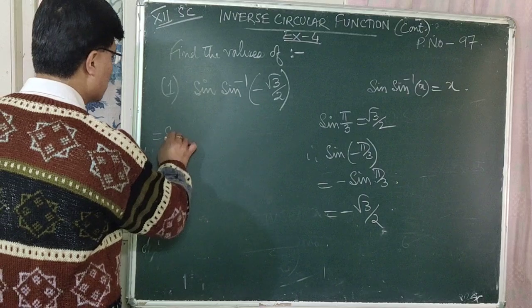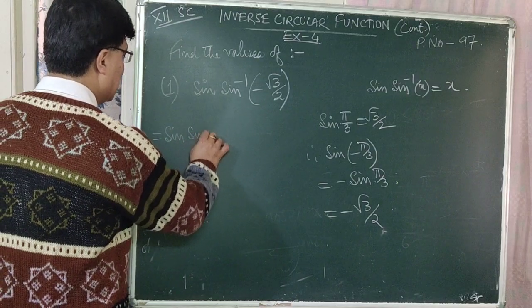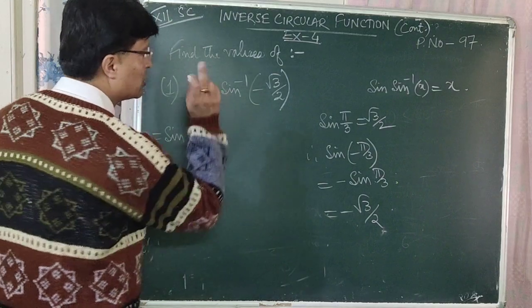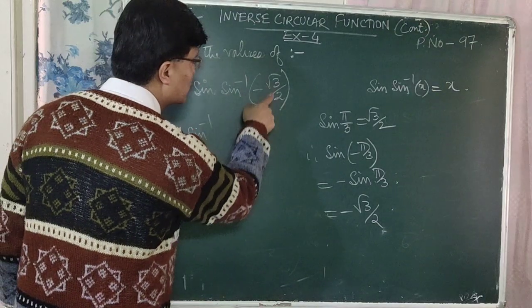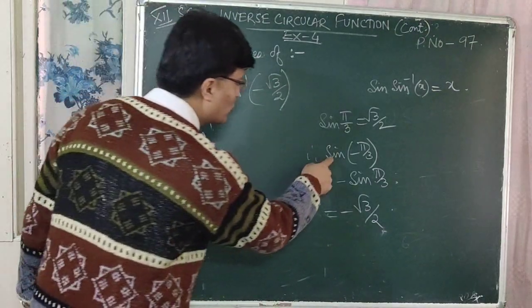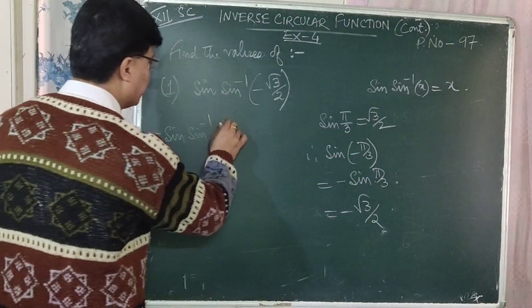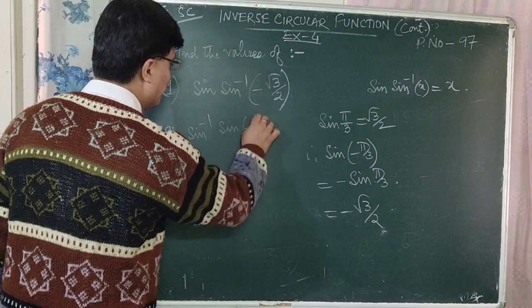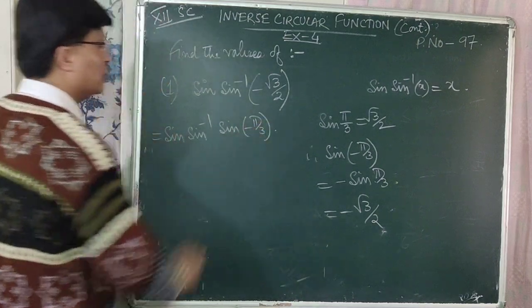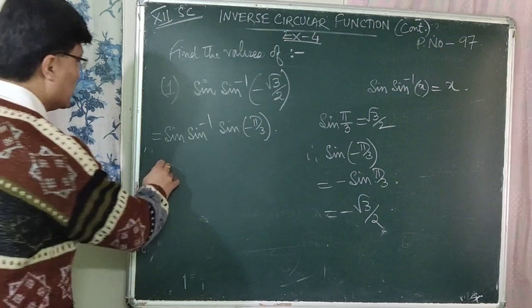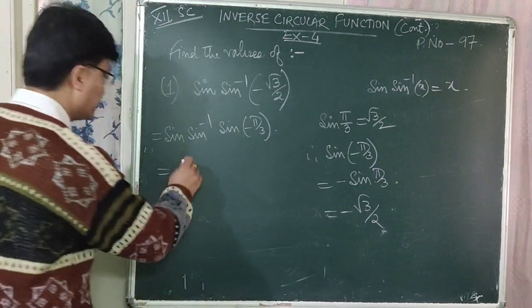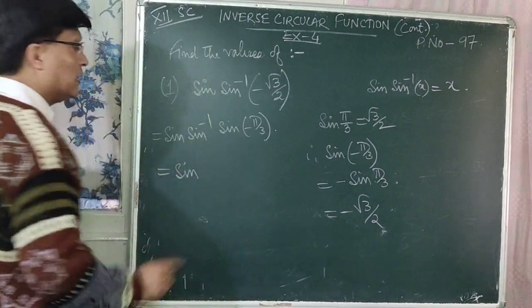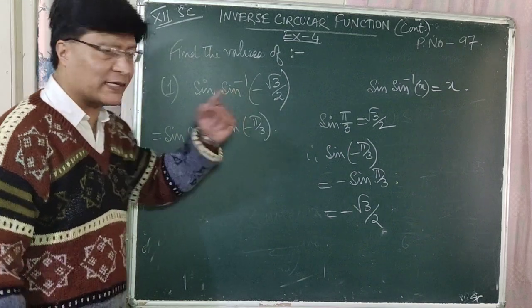So which is equal to sine inverse. What will you write instead of minus root 3 by 2? You should write sine of minus pi by 3. Okay? So which is equal to sine inverse sine x, isn't it?